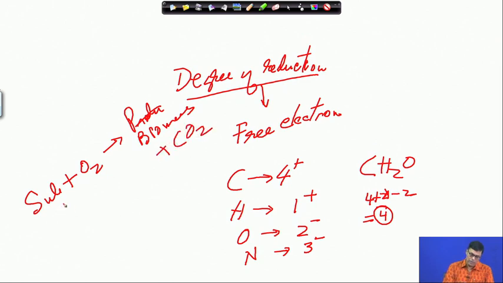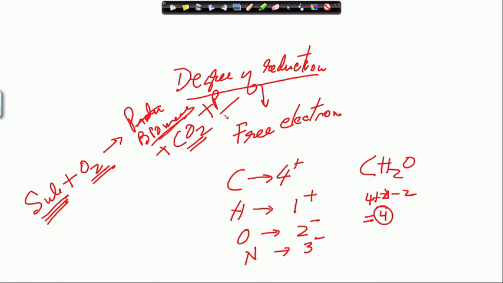So, we can write the balance equation: how much free electron is present in the substrate, how much in the oxygen molecules, how much in the biomass, how much this will be 0. If some product is there, then you find out how much free electron. So, we can write a balance equation; I shall show you how you can do that.